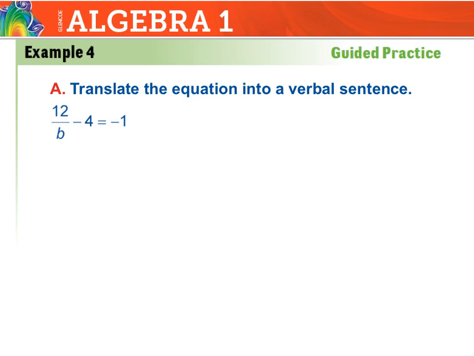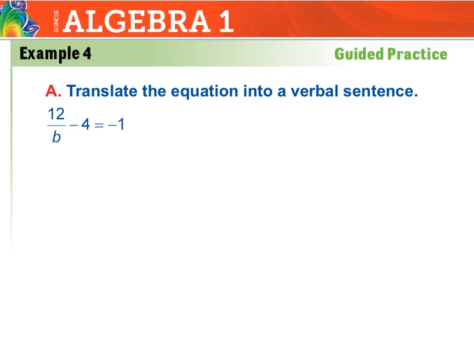Alrighty. Translate the equation into a sentence. All right, once again, more translating. So, again, this one's got a lot going on here. This one's got a lot going on the left-hand side of our equation. All right, so let's really slow down and do a good job here.